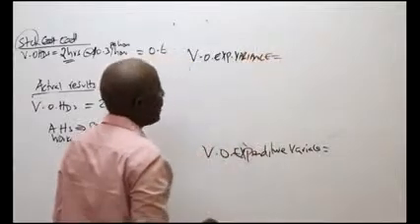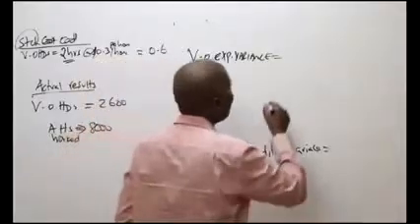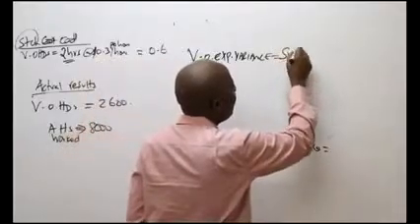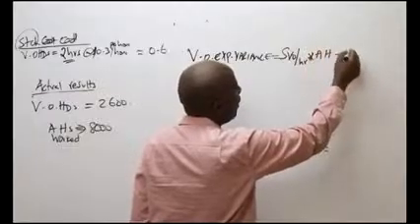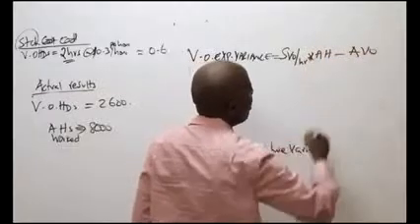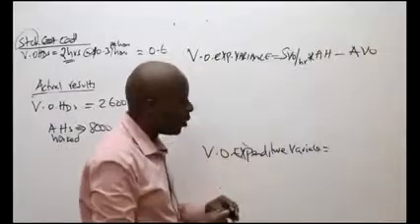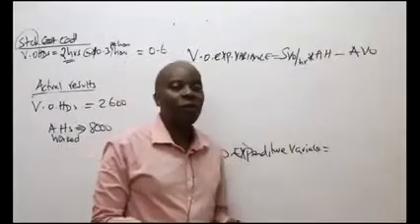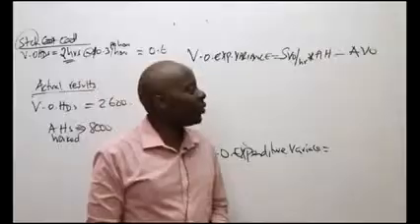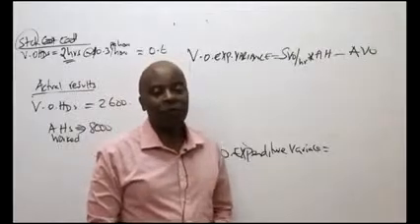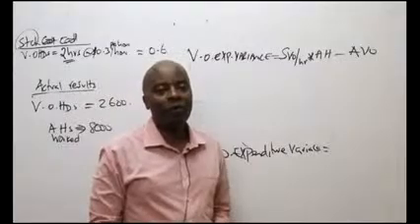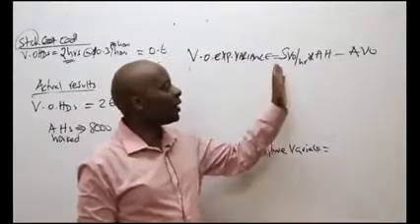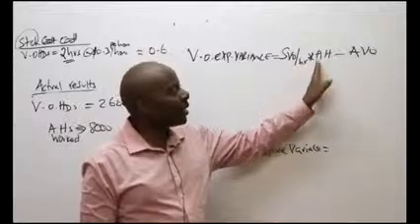How do we get it? We normally take standard variable overheads per hour multiplied by actual hours minus avocado, minus avo. So this is standard variable overheads multiplied by actual hours.